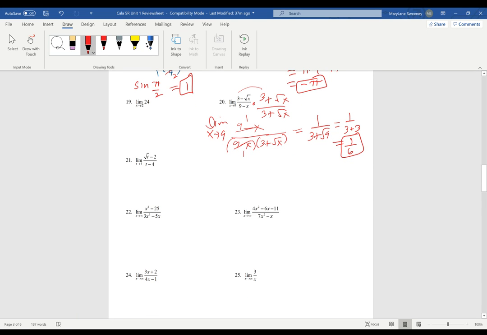Right, 22 goes to a limit at infinity. So I'm going to say the limit as x approaches infinity. I'm going to divide everything by an x cubed.